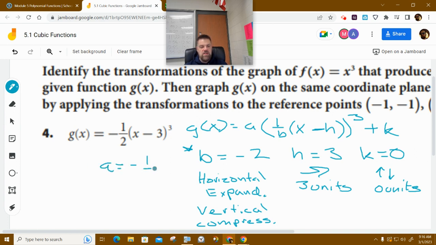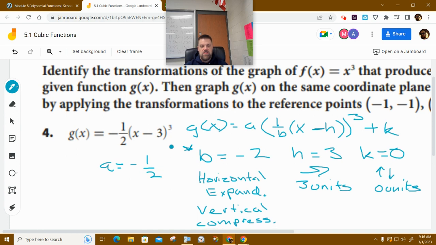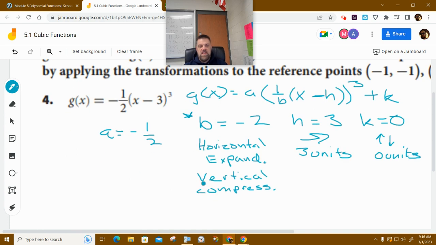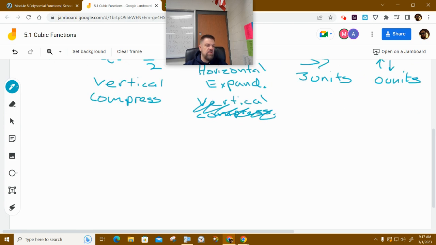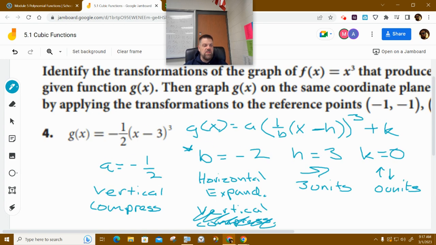And that's also another little issue that I have. So if it was B, we would say horizontal expansion. If it was A, then I would say vertical compression. I mean, you guys are going to graph it anyways on a graphing calculator, but it is kind of nice to know that you could do both.